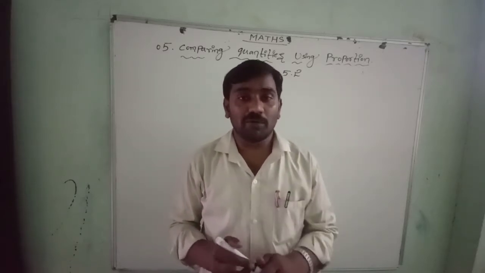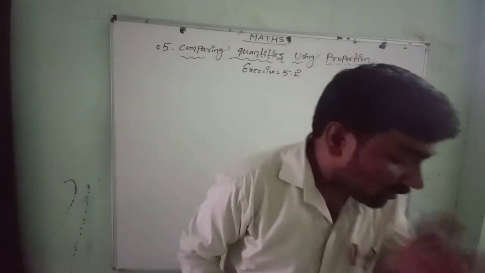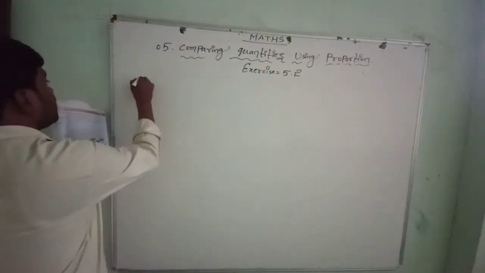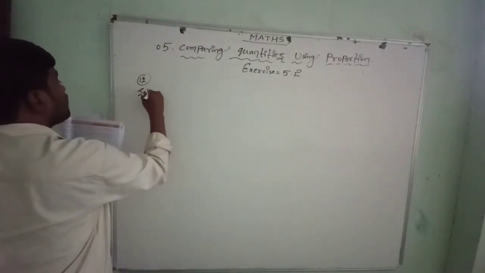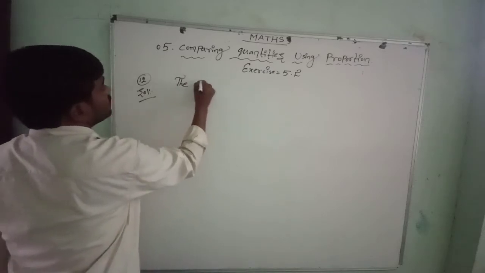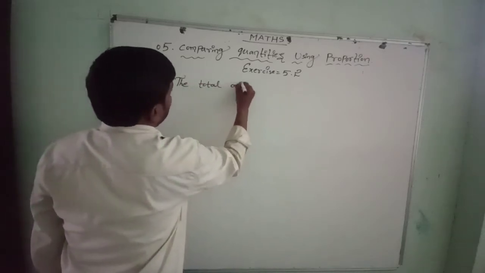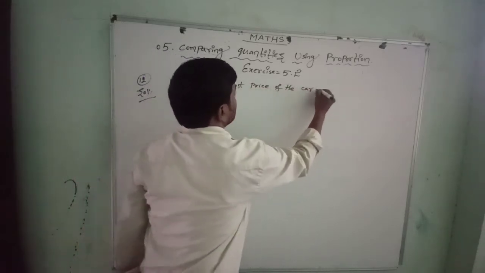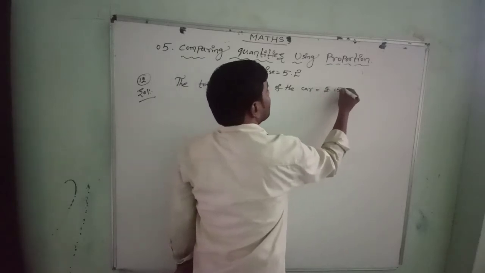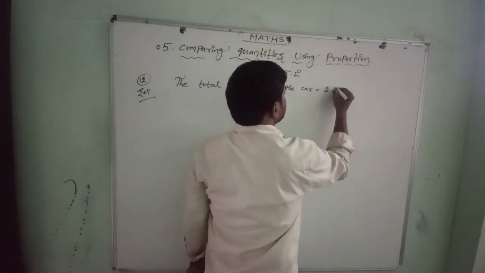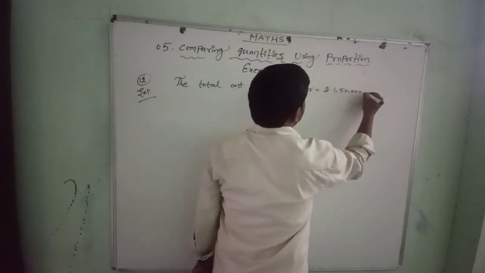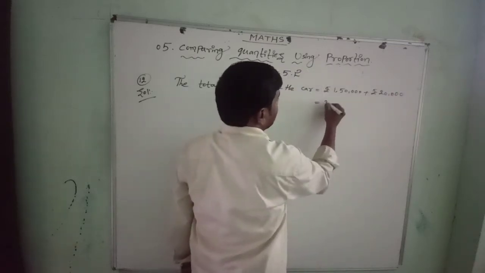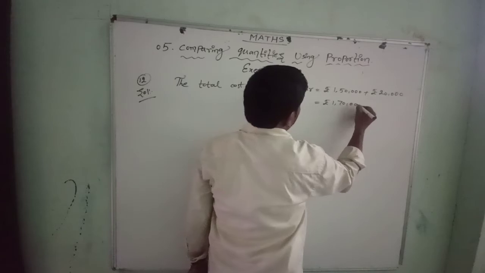Now we have to find the percentage of the profit. Question number 12: the total cost price of the car equals rupees 1,50,000 plus rupees 20,000 expenses, so it becomes rupees 1,70,000.